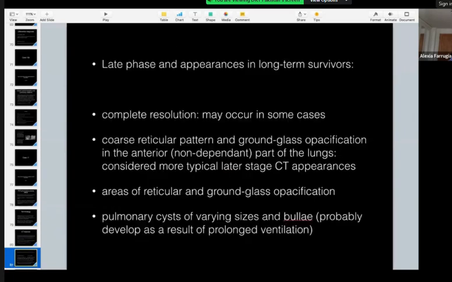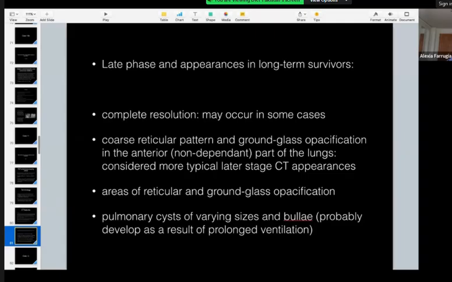And then in the late phase, or those who actually survive this, you can get either complete resolution in some cases, but in most of the cases, they would get a coarse reticular pattern and ground glass opacification in the non-dependent part of the lungs, which is considered to be more typical in the late stage. They can get pulmonary cysts, likely because of their prolonged ventilation.